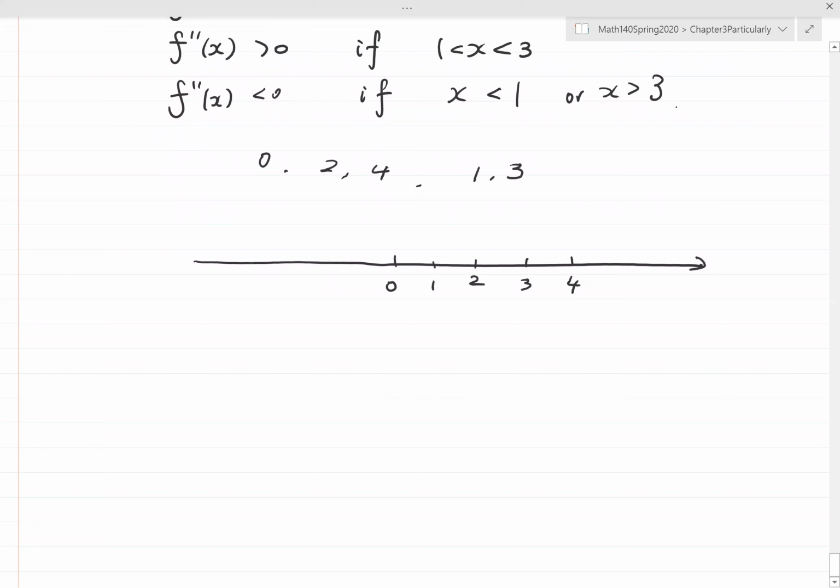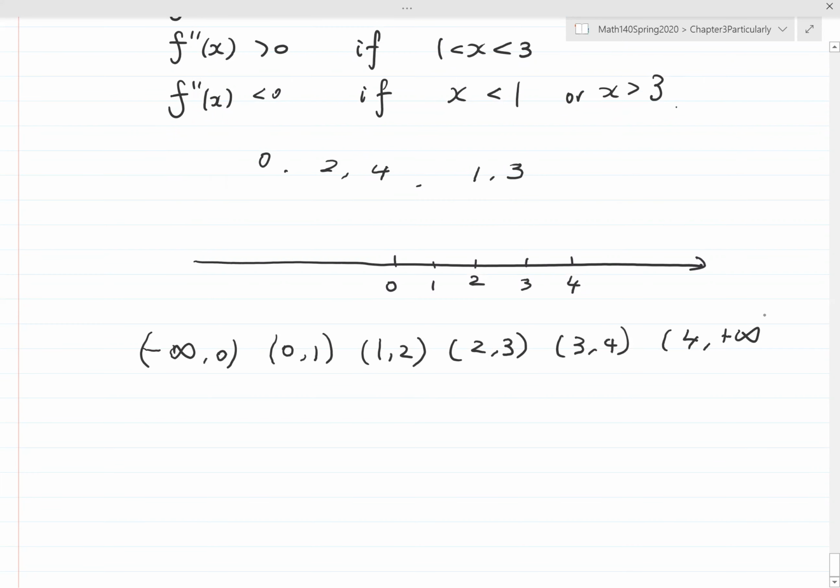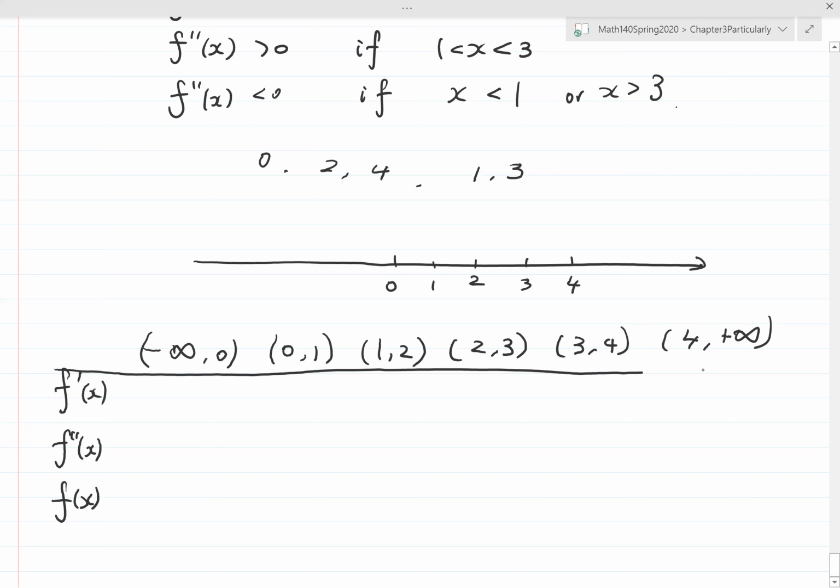Then we can write down the interval notation: from negative infinity to 0, from 0 to 1, from 1 to 2, from 2 to 3, from 3 to 4, and from 4 to infinity. So these are all the intervals. And then we have f derivative, f second derivative, and f x. Now we put all the information onto this table.